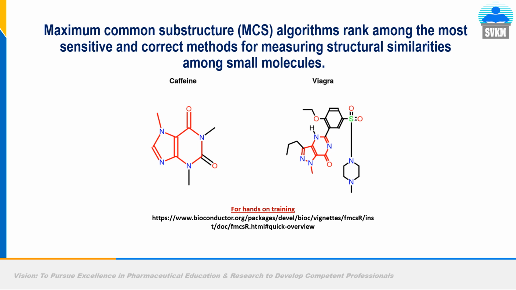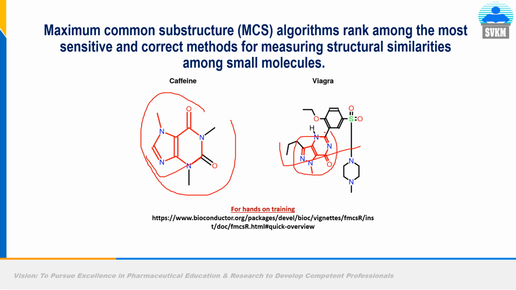Another example: maximum common substructure algorithms rank among the most sensitive and correct methods to measure structural similarity. Here are two molecules, one is caffeine, one is Viagra. So you can see the red portion of caffeine is somewhat similar to Viagra.